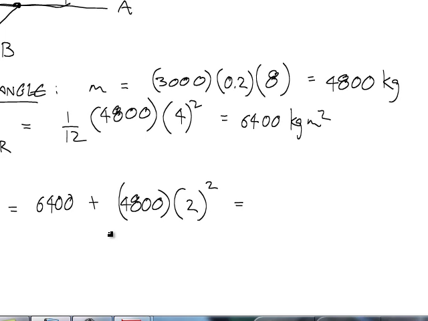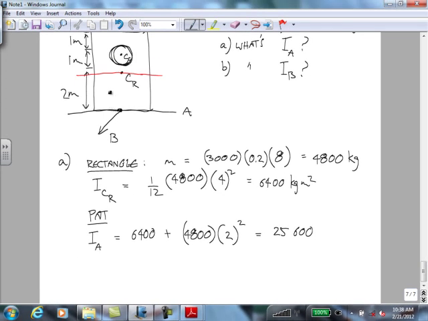You'll have problems where the moment of inertia of the shape itself barely appears in your final calculation. It's all parallel axis theorem. It's all just how far this shape is moved from the axis.